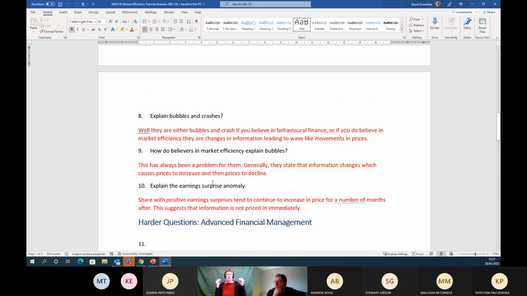What believers in market efficiency do to explain bubbles is state that information changes, which causes prices to increase and then the price to decline. So they try to fit bubbles and crashes into efficient markets, because obviously in an efficient market, all the things on the market should reflect all the information. So there shouldn't really be bubbles and crashes.